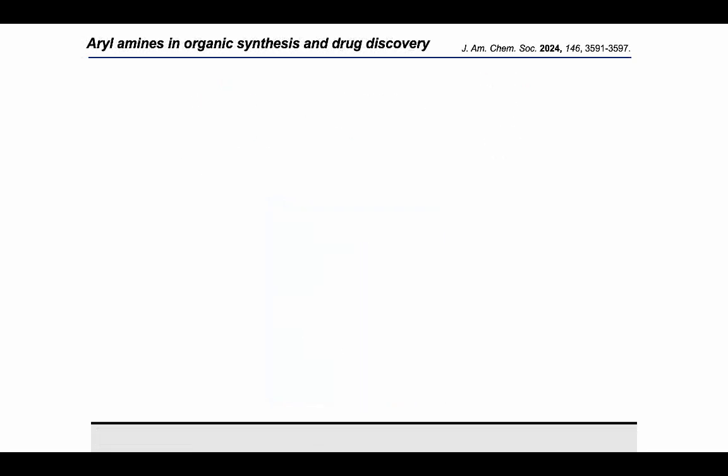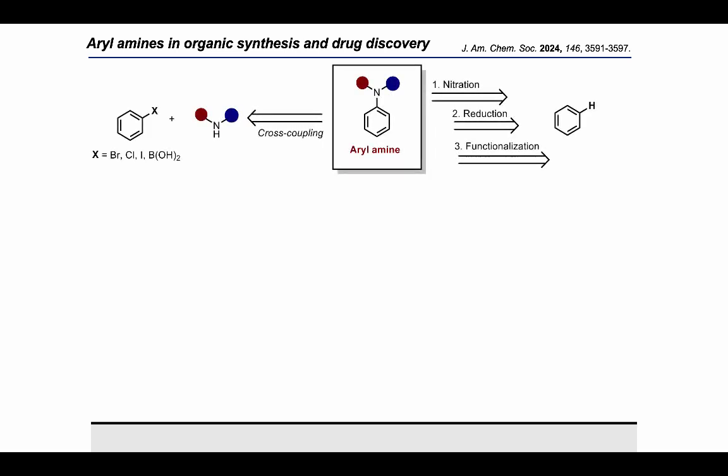Of particular interest in drug development is the formation of aryl carbon-nitrogen bonds. Traditional methods for non-directed aromatic carbon-hydrogen amination rely on a sequential nitration, reduction, alkylation process, which suffers from limitations in site selectivity and substrate compatibility.